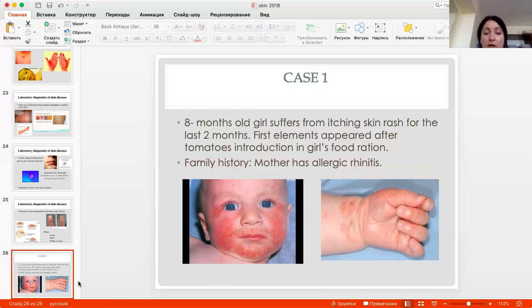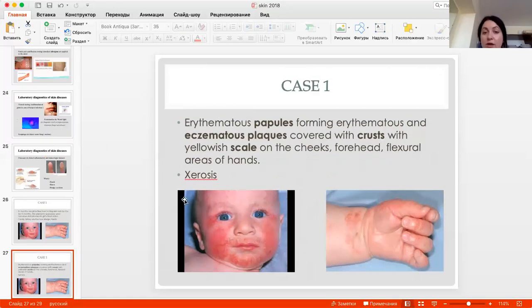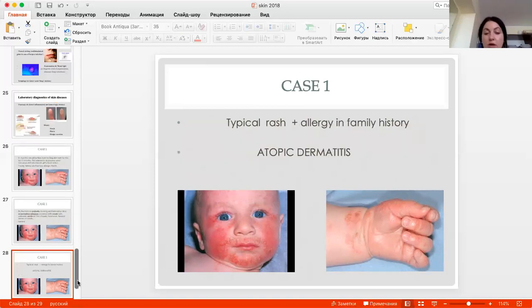They are covered with yellowish crusts, and we think about xerosis as well. It is dryness of skin. So we see erythematous papules with eczematous plaques covered with crusts, with xerosis, and we think about atopic dermatitis.